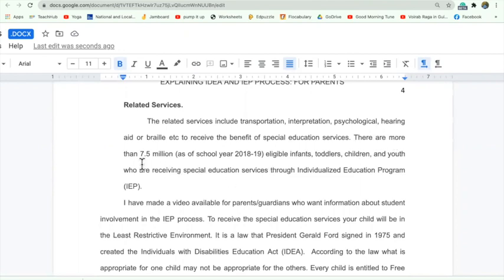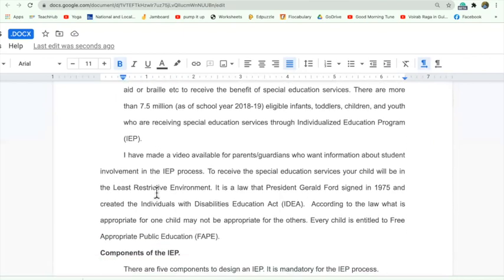There are more than 7.5 million eligible infants, toddlers, children, and youth, as of school year 2018 to 2019, who are receiving special education services through an Individualized Education Program (IEP).